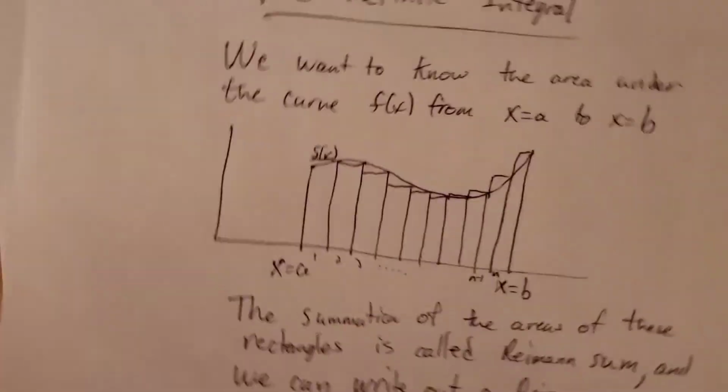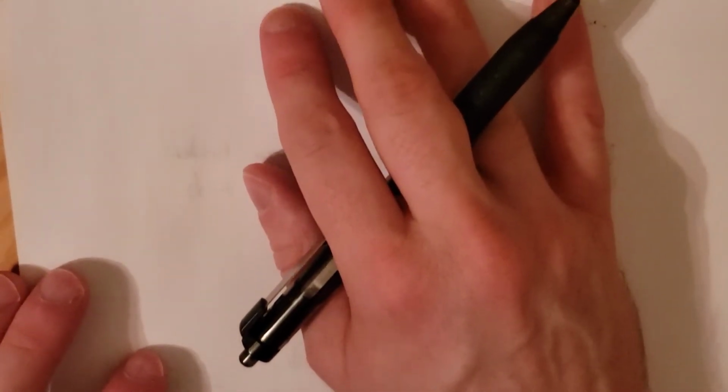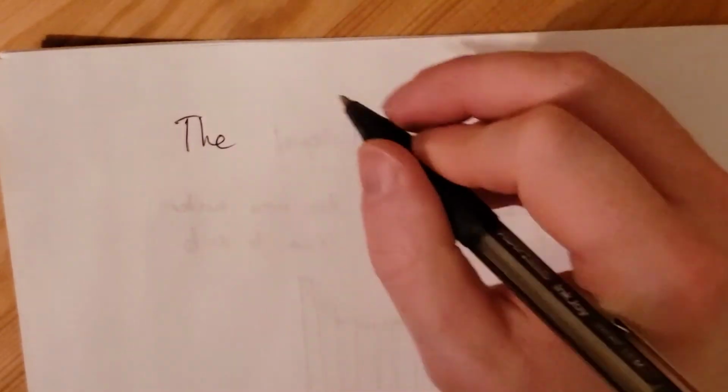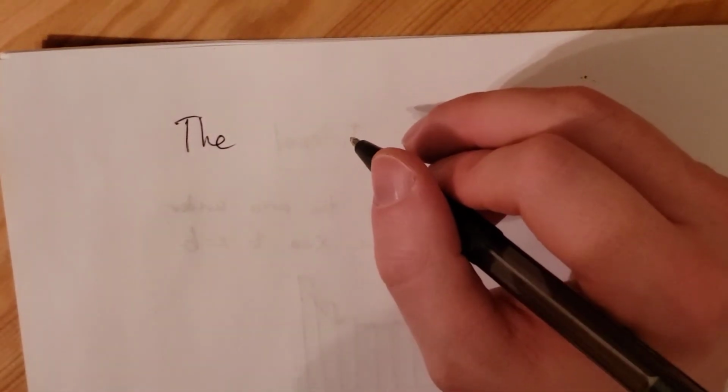All right. So what can we do with all of that? Well, using that, we may recall that as the number of rectangles goes towards infinity, our estimate for the area under the curve approaches the true area under the curve. And so that's how we define our definite integral.